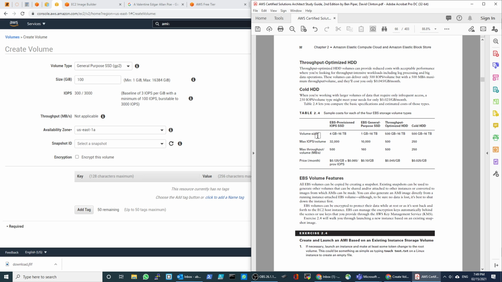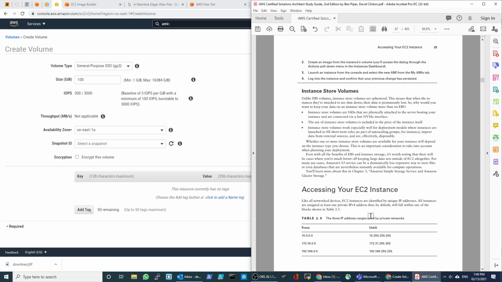What is the volume size, the maximum IOPS? IOPS is input output per second. For databases, you need to have hard disk drives with higher IOPS. Okay, clear. Then you talk about features in here.